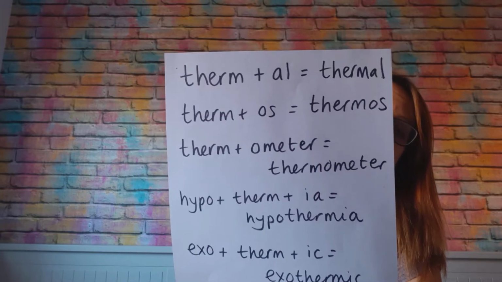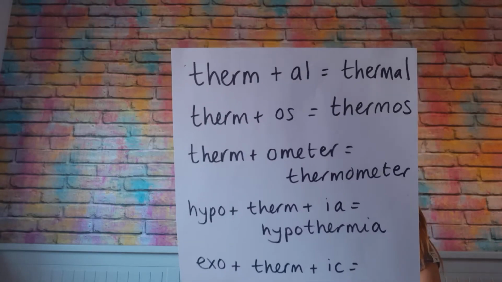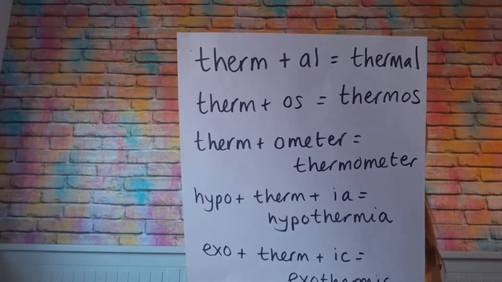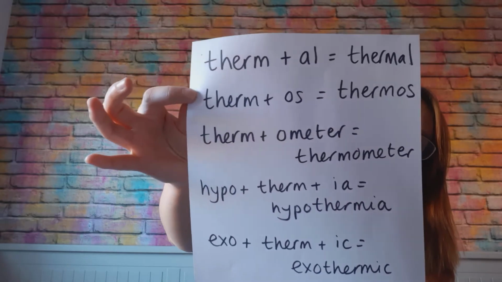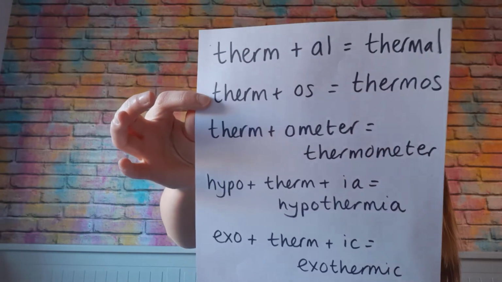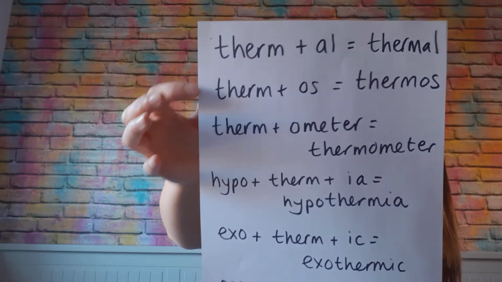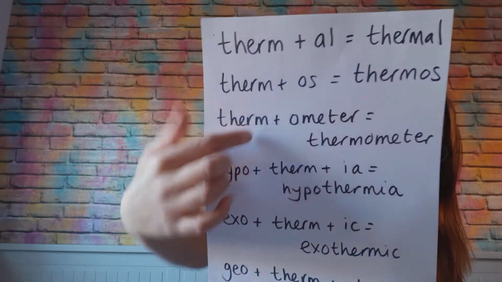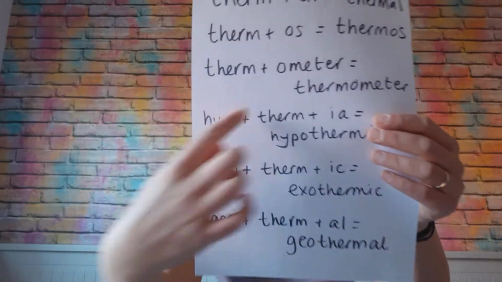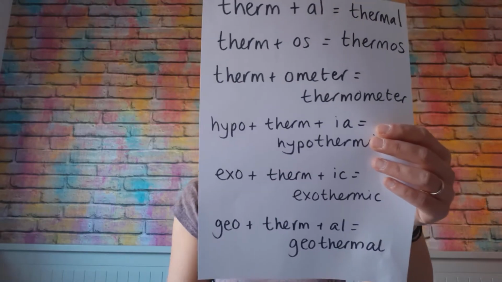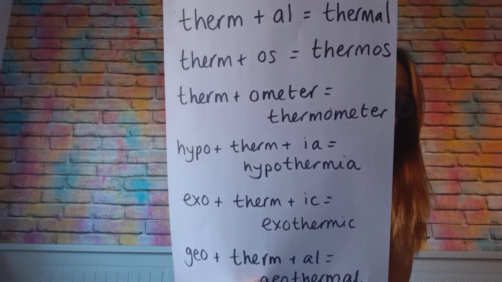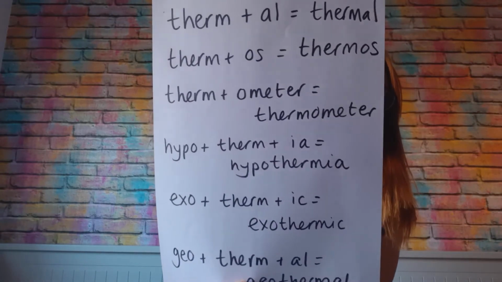It's thermal, it's relating to heat. It's describing it. Thermos, you might know of a thermos flask, keeps hot things hot because it's insulated. We've got a thermometer, so again we've got heat, and then the meter bit relates to measuring, so a thermometer literally measures your heat, it measures your temperature.